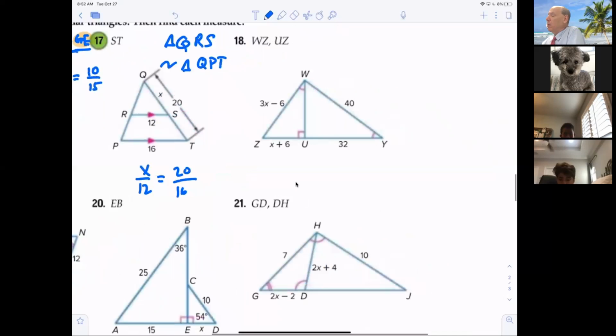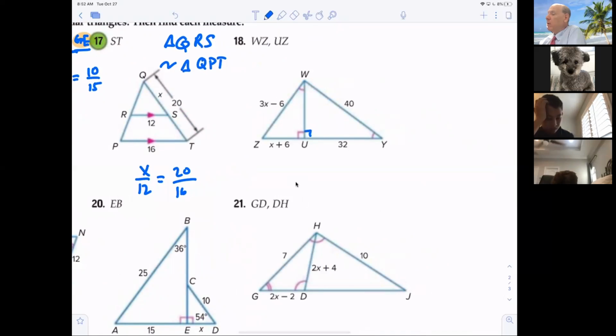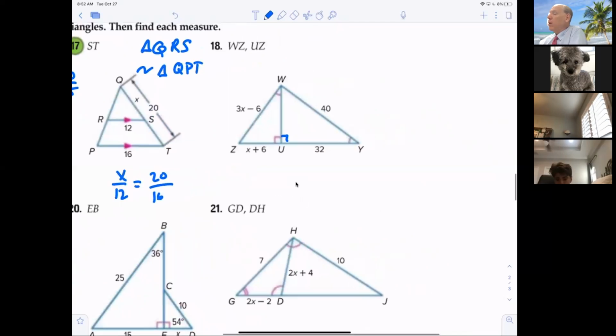Now, are these two triangles similar? Yes, because we can just make this right here. Now, again, I think this is a good problem because you have to be careful with the way it's written. So the triangle on the left, we're going to say is triangle what?